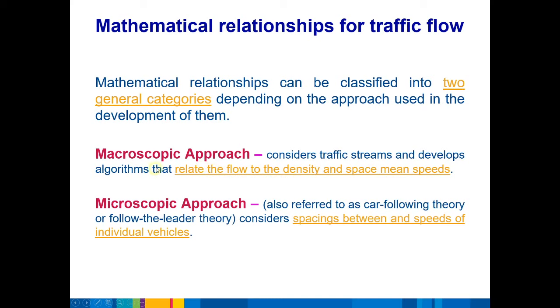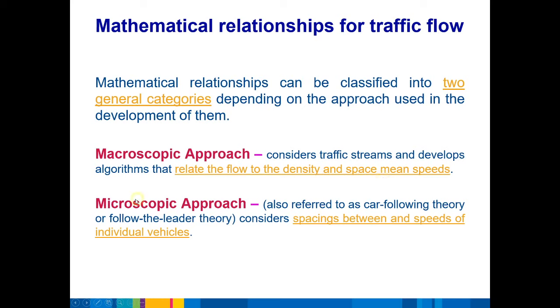Macroscopic means it's sort of a broad overview. So in this area we're not taking into account things like the position of intersections, or the need to slow down and give way and that sort of thing. We're just looking at how flow on different networks will change as we try to input more vehicles onto particular areas.